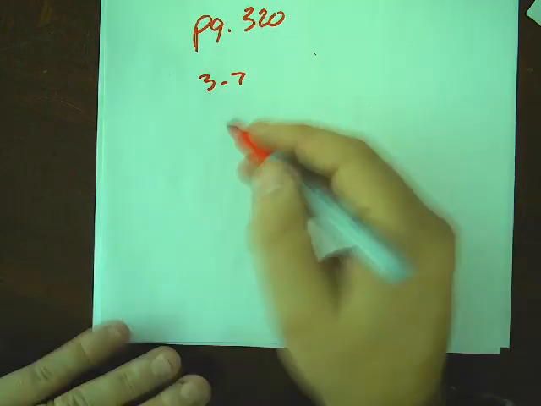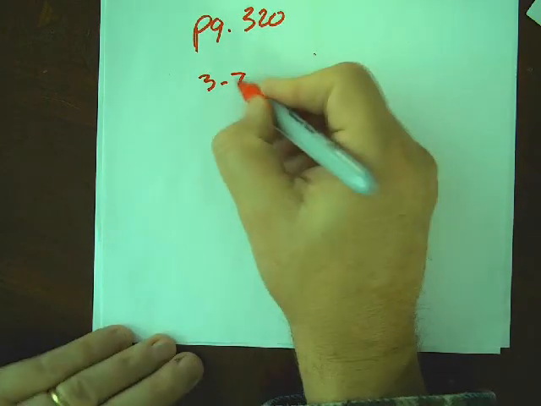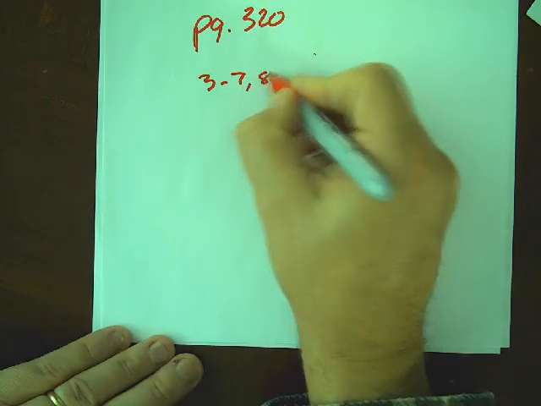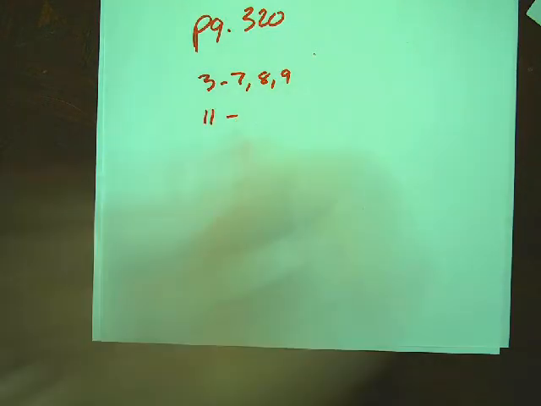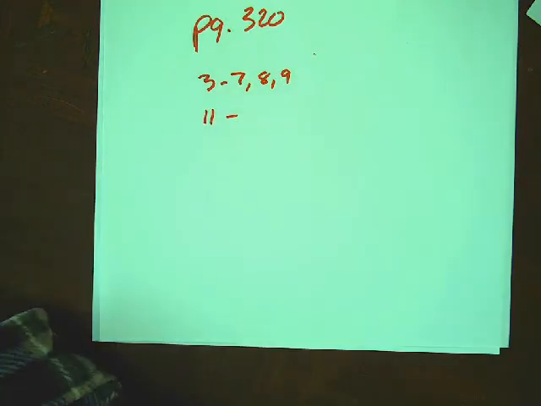Let's keep going. Yeah, I like number 8. I like number 9. So we're actually going to do 8 and 9. I know that's kind of a crazy way to write that, but 3, 7, 8, 9. We don't have to do the full proof. So we'll pick up on number 11, and we'll do number 12.